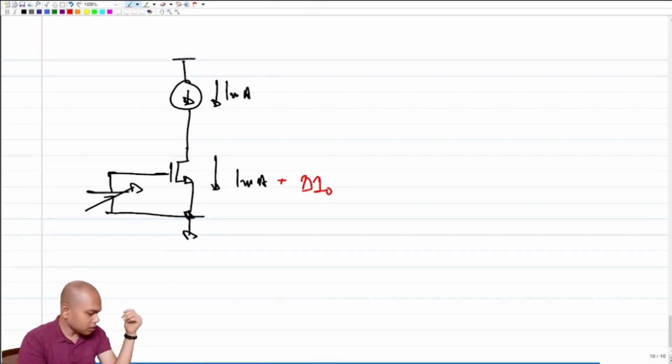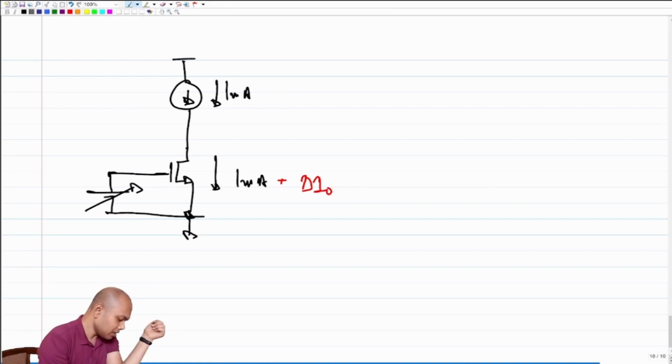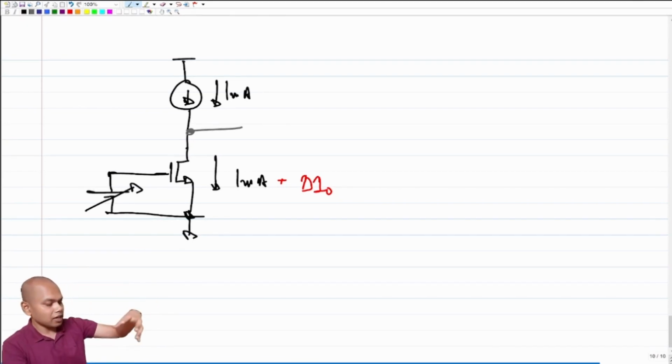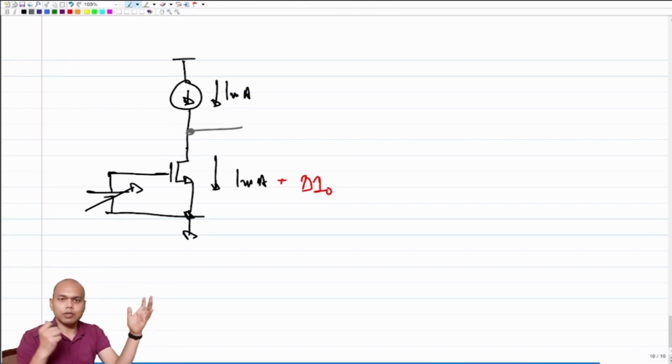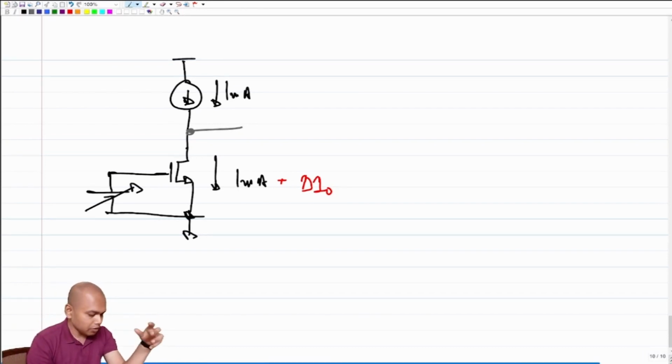Let me explain it again. What I'm essentially saying is, what is the goal? The goal is to match the current from the top to the current from the bottom, right? The goal is to match this 1 milliamp current with the current that the transistor is sucking out.